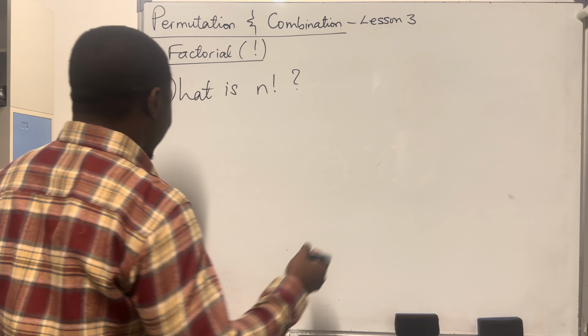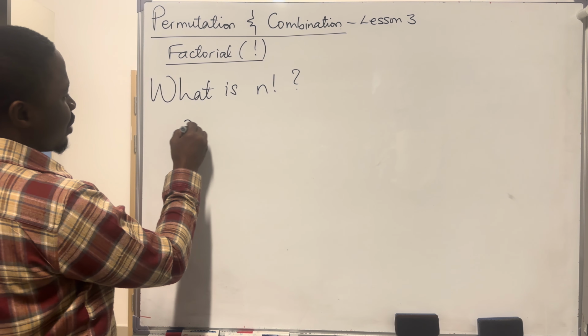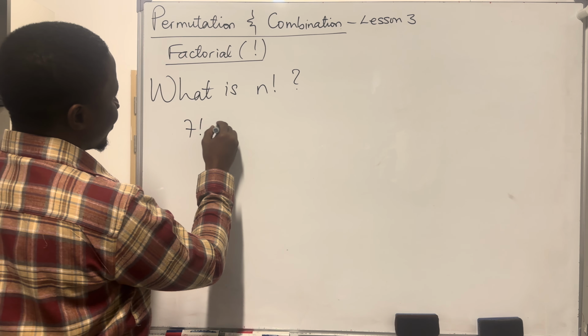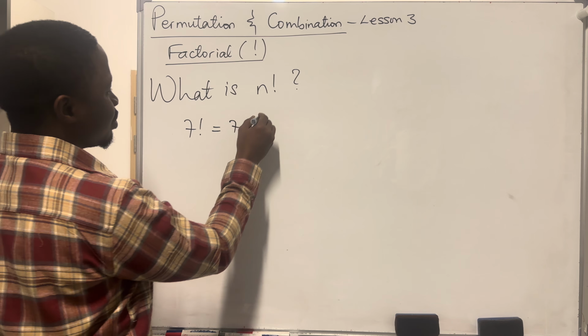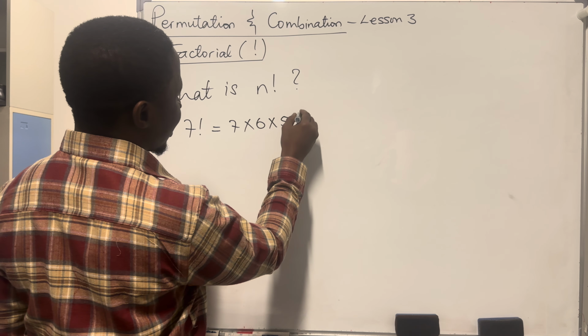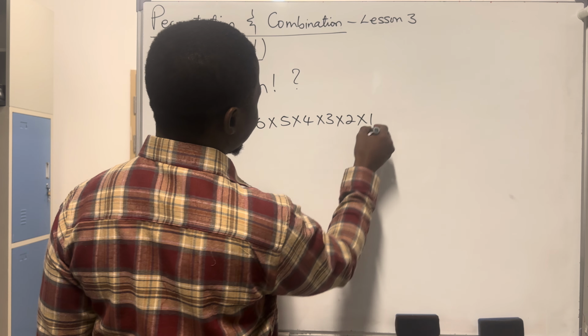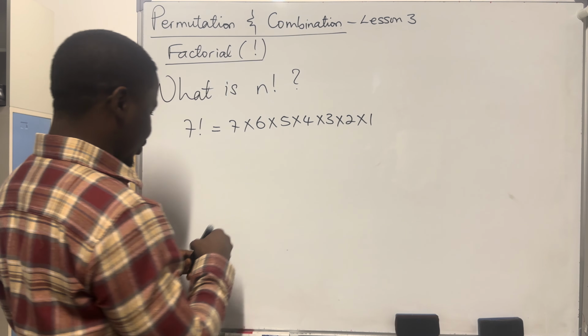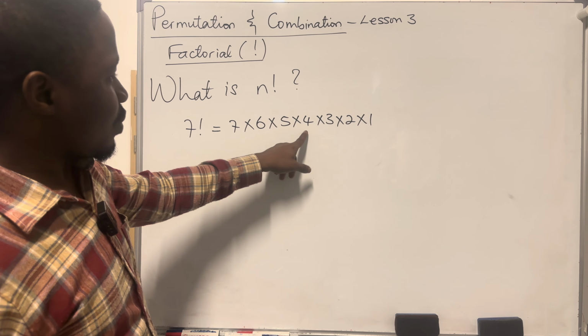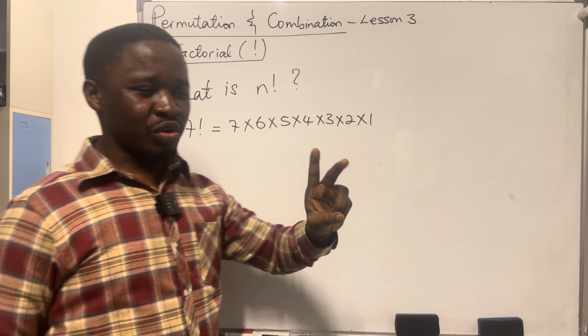We already know that 7 factorial is 7 times 6 times 5 times 4 times 3 times 2 times 1. Two conditions.